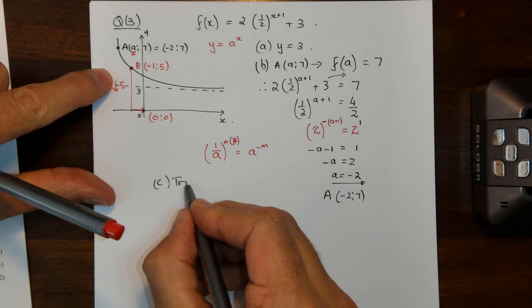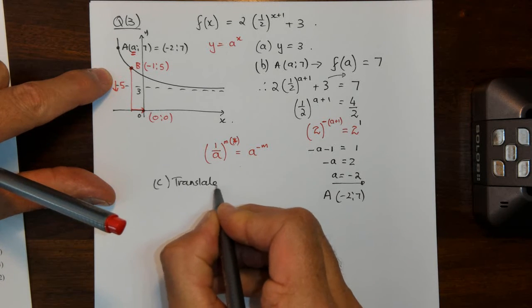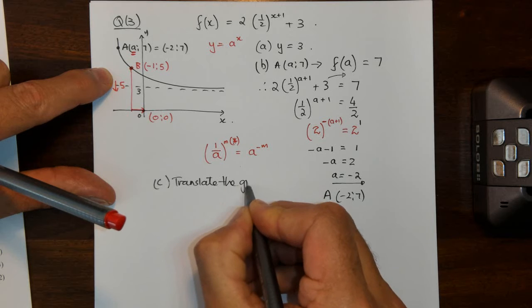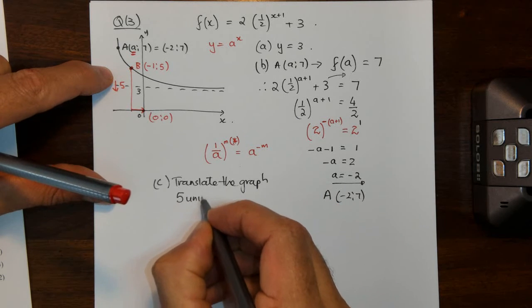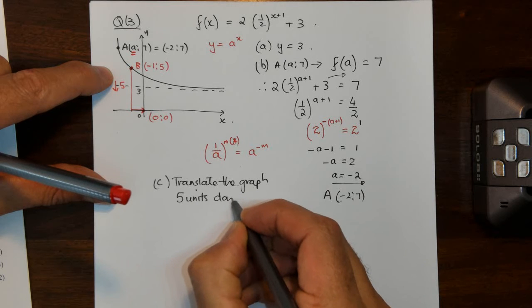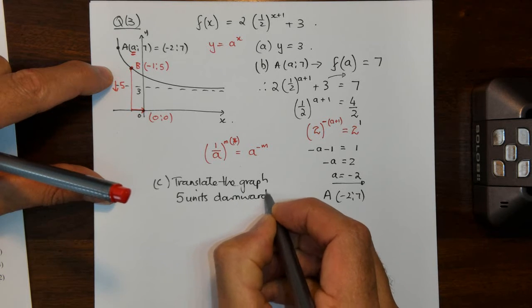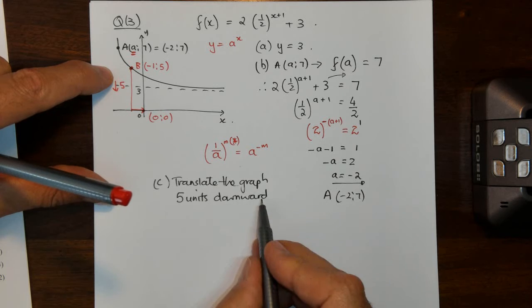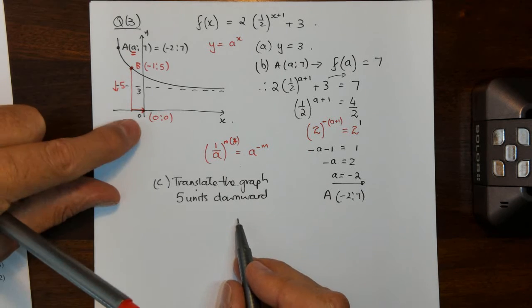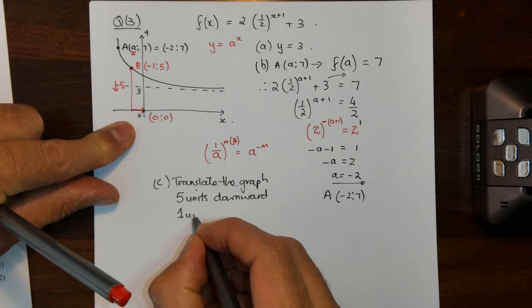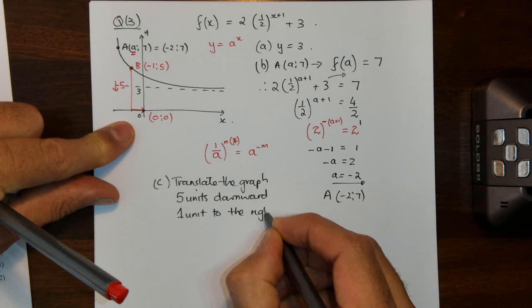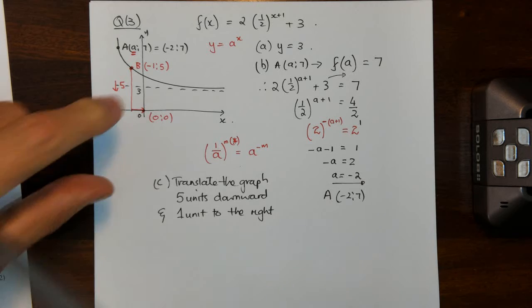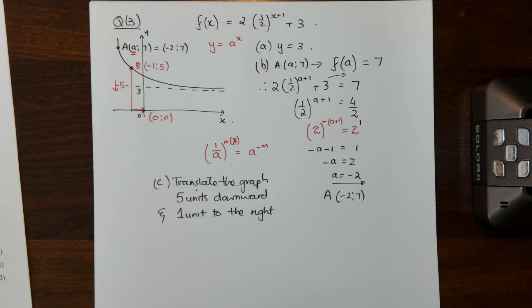So we are going to translate the graph or the point, but we don't need the graph. 5 units downwards. The fact that you said it's downwards, it's implied that it's a vertical shift down, and then 1 unit to the right. And then the point will then go through the origin 0, 0.